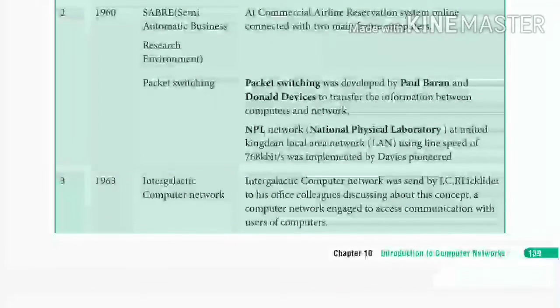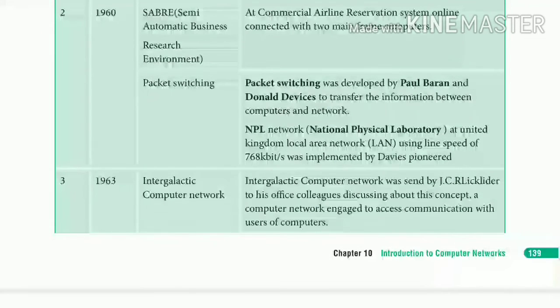So next is intergalactic. In 1963, the intergalactic computer network concept was sent by JCR Licklider to his college office, discussing the concept of a computer network engaged to access communication with the users of computers.